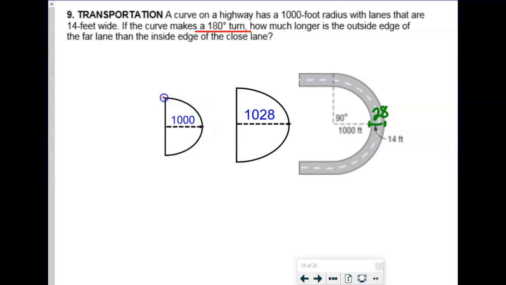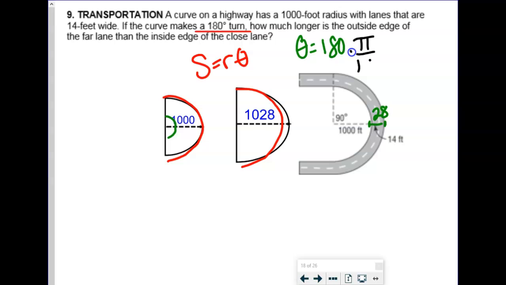They want me to compare the difference in arc length. So arc length, remember, is this formula, where theta has to be measured in radians. So y'all, I know this is 180 degrees, but that's not radians. So you'd have to do a little conversion or just think about it. It's pi.